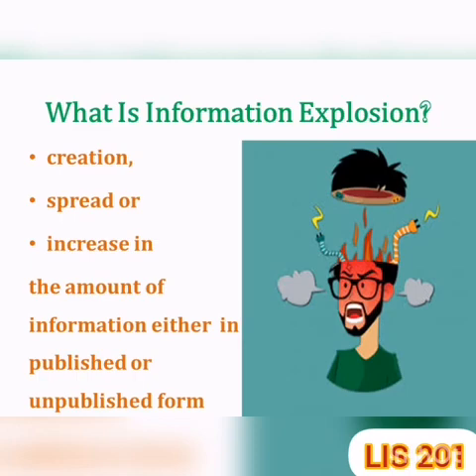And when there is too much information, this is what happens. Look at this guy here. Can you see him? There's an explosion in his head. Why? Because his brain can't contain the amount of information that he is getting. And that is what happens with information explosion. Much of the information is even sometimes irrelevant. Why? Because it is too much.